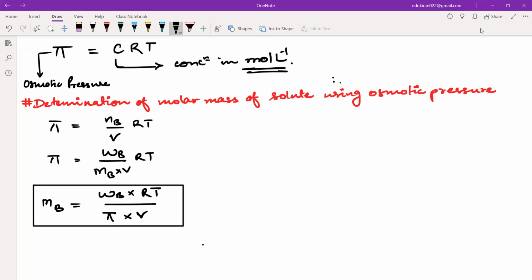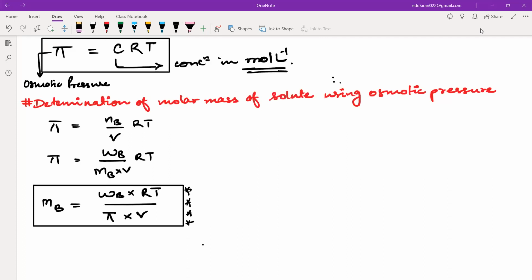These are important, and why each and every teacher writes these things is because in NCERT or in CBSE examination, you can directly get a question: how can you determine the molar mass of the solute using osmotic pressure? In that case, you just have to write these lines. That is the importance of this topic. Please don't waste your time remembering. If you can remember easily, then you should remember this formula also. But the main formula for osmotic pressure is this one.